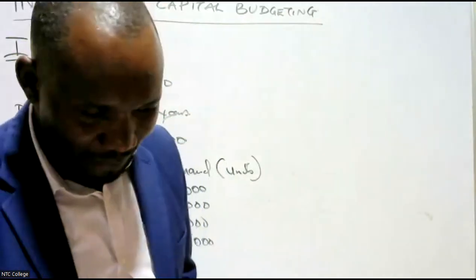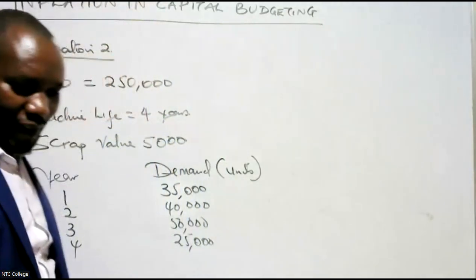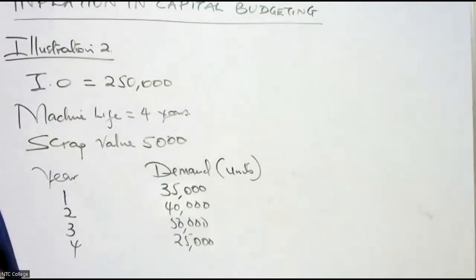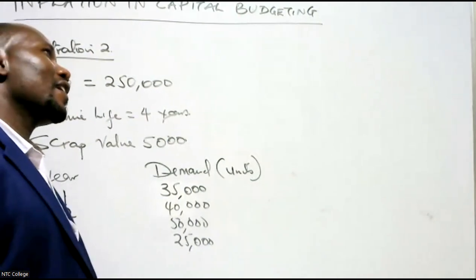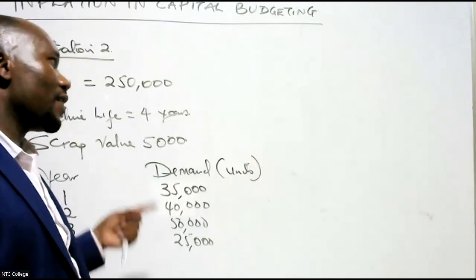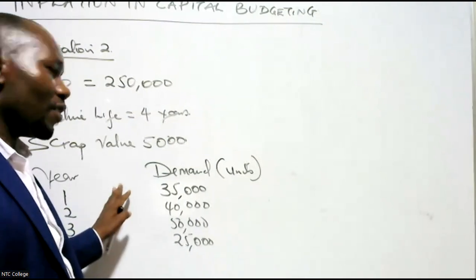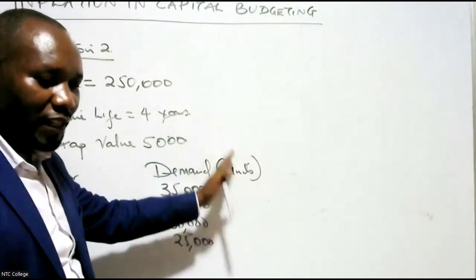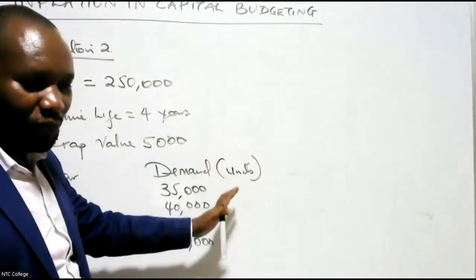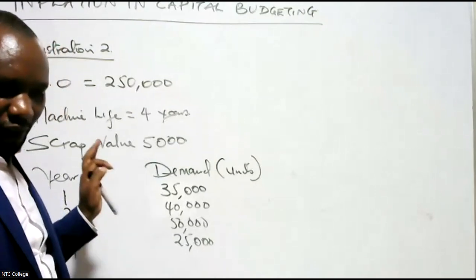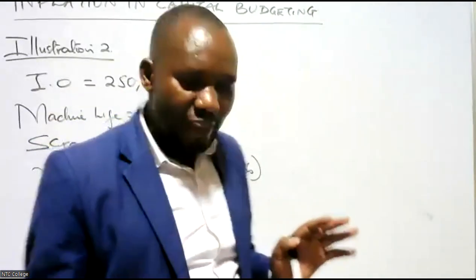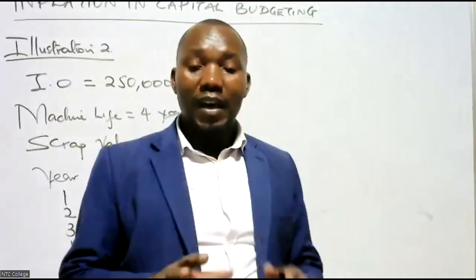Calculation of nominal cost of capital. One thing that I wanted to add is that if the examiner is silent, you are given cash flows but the examiner is silent, always assume that the cash flows are nominal, unless the examiner expressly says that the cash flows you are given are real.